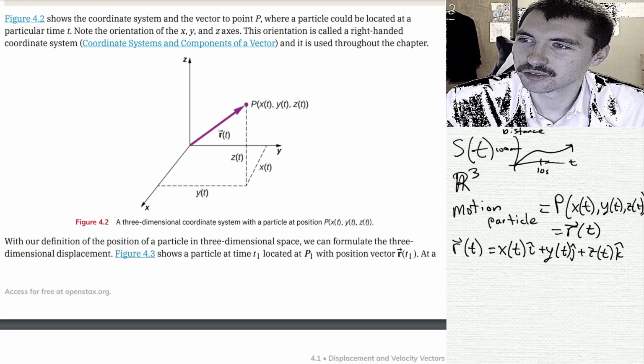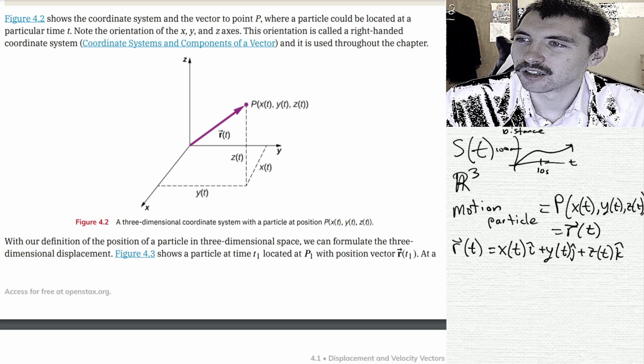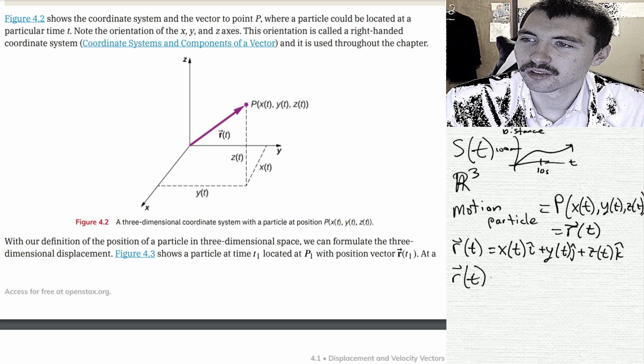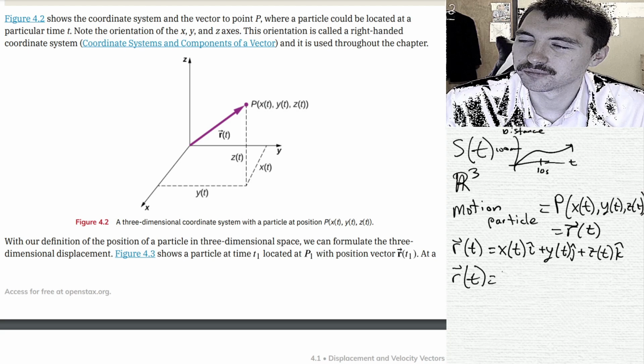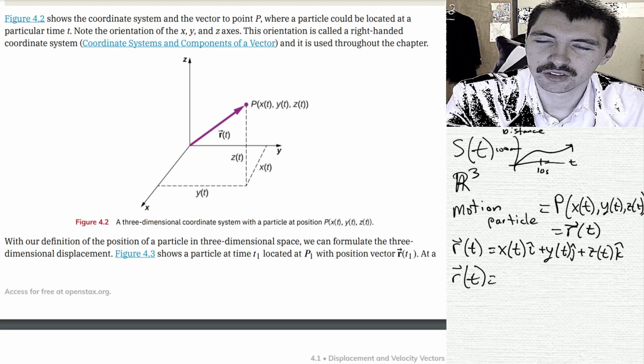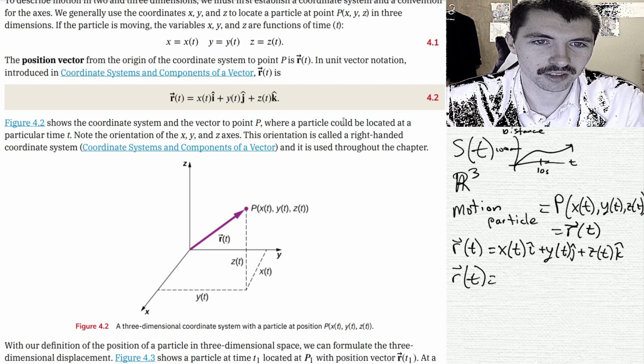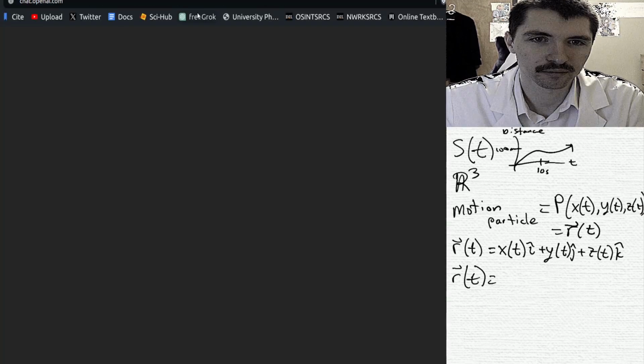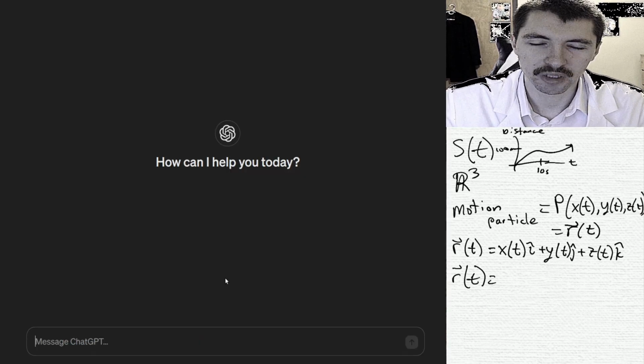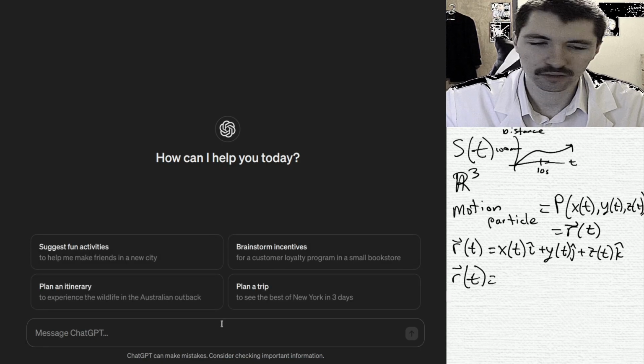Like obviously this could be expressed as a dot product. I think I showed last video how to do a dot product with this. I'm not in a rush, so we can just do it.